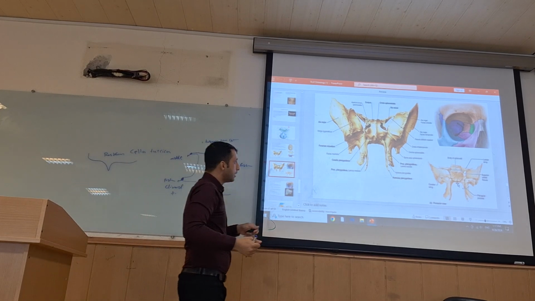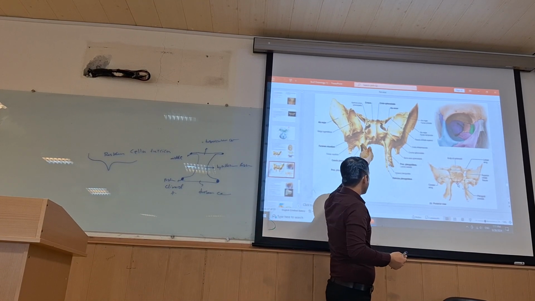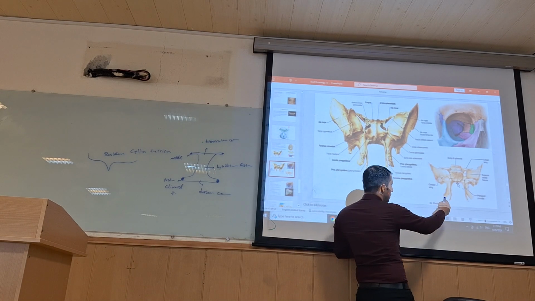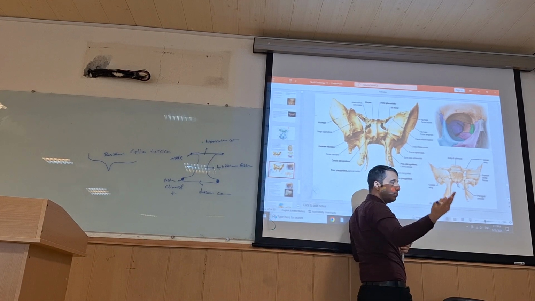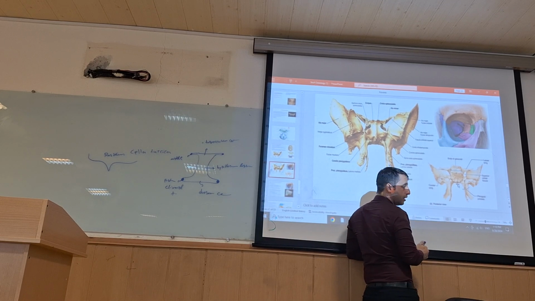Also, there is the pterygoid process. On every side, I have a pterygoid process, which has two plates, the medial plate and the lateral plate.